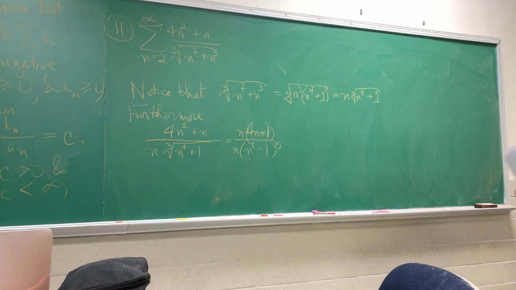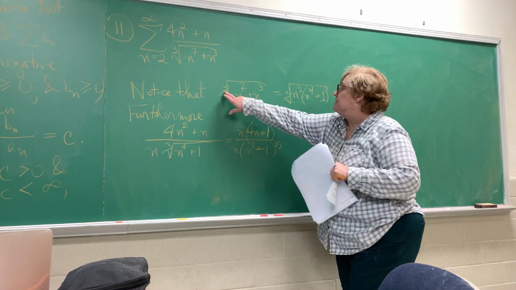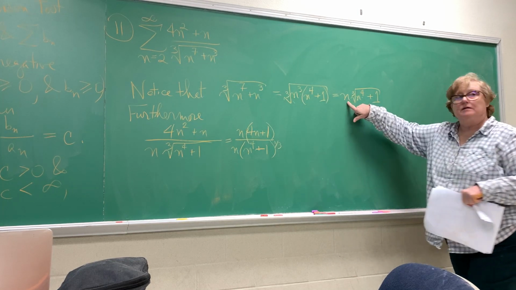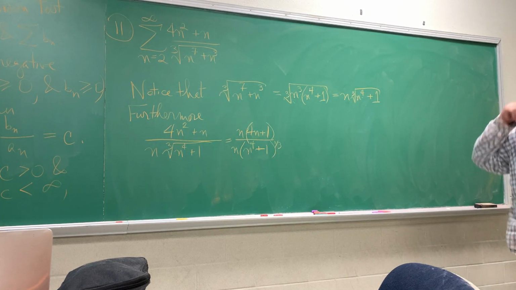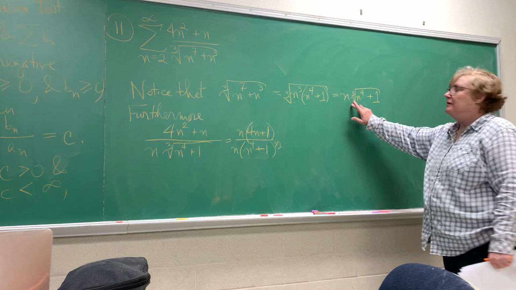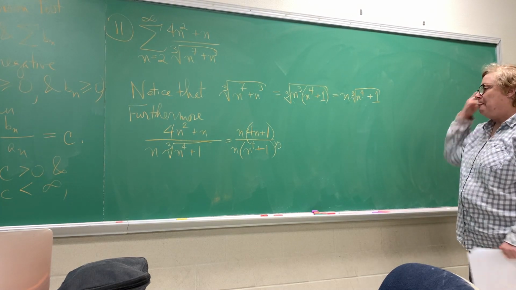Yes. And we've got a cube root. The cube root of n cubed is n. And that's the only reason we would even bother factoring out something common, because we can actually simplify it.